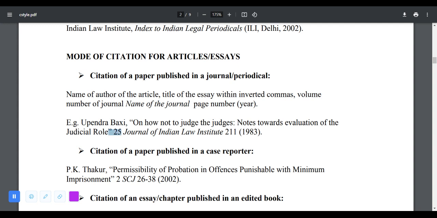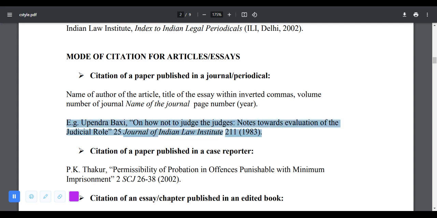The journal name is Journal of the Indian Law Institute, and on page number 211 you find such an article. The 25th volume was published in 1983.